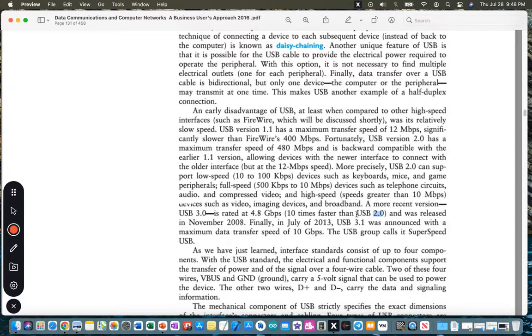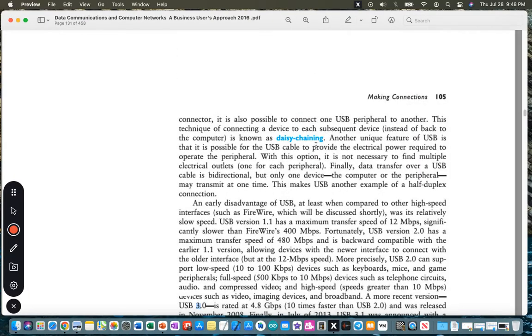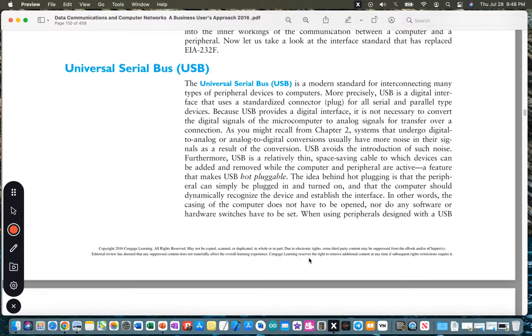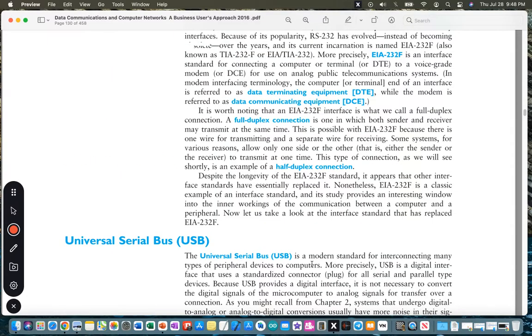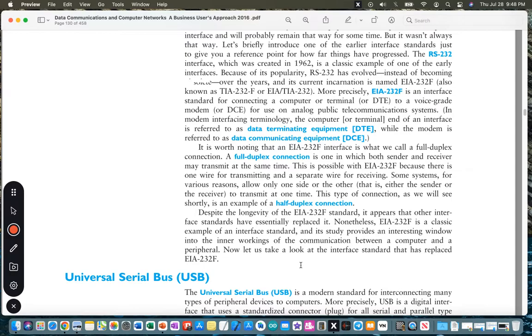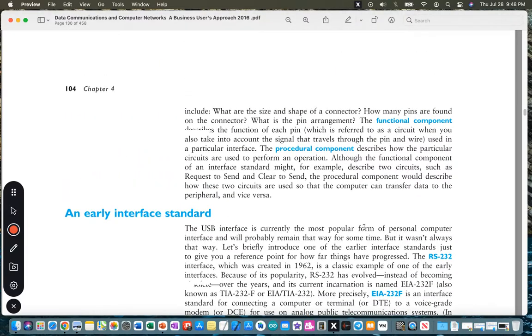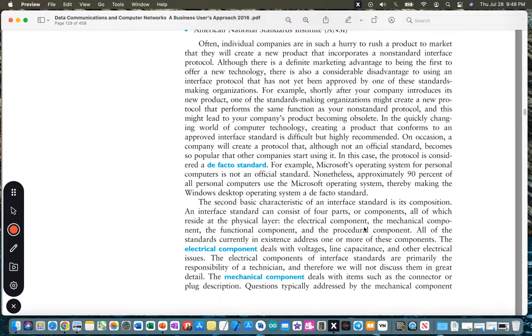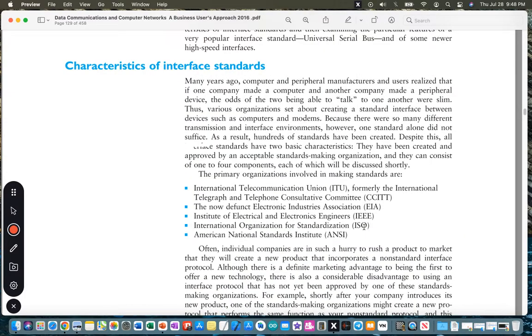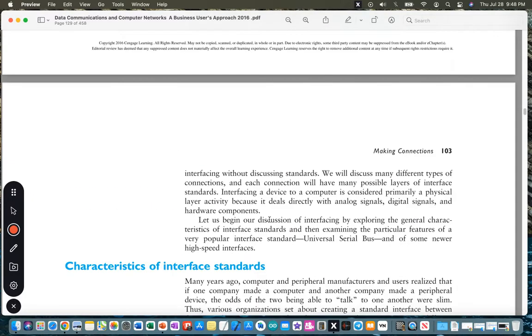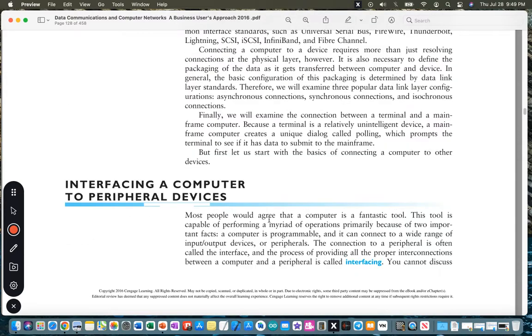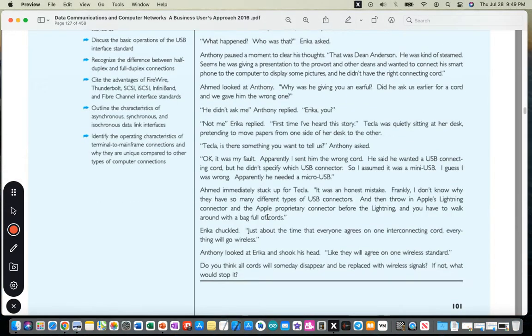USB 2, USB 3, easy chaining. All right. Interface standards. Interfacing. Introduction.